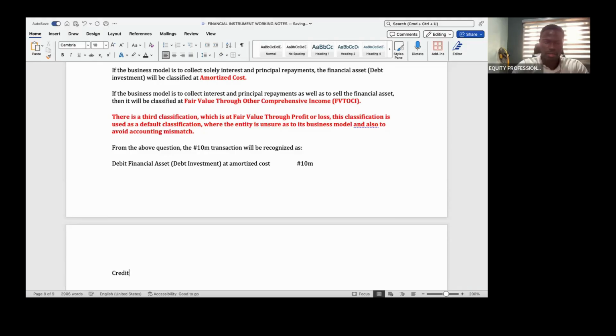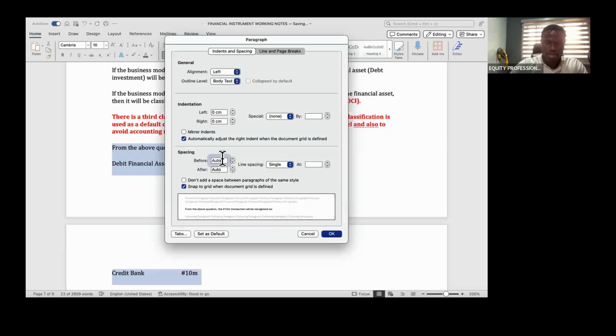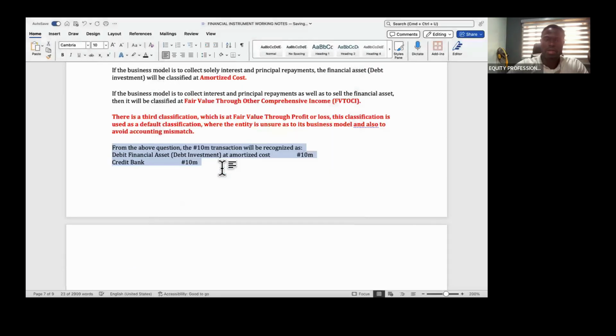You credit bank with the same 10 million. So that would really take care of that at initial measurement. So you have classified it properly.